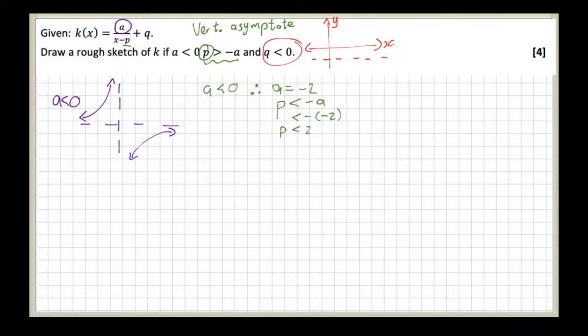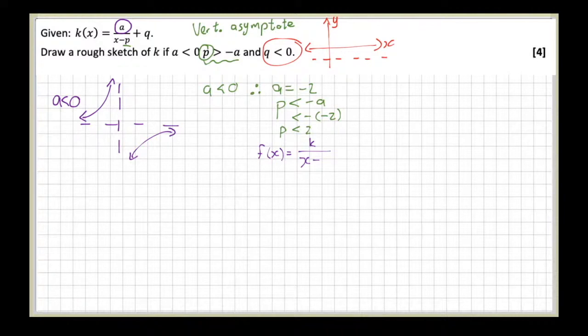Now if P is smaller than 2, I've got to look at my graph. If I substitute this in, f of x equals k over x minus P, it could be any value smaller than 2.